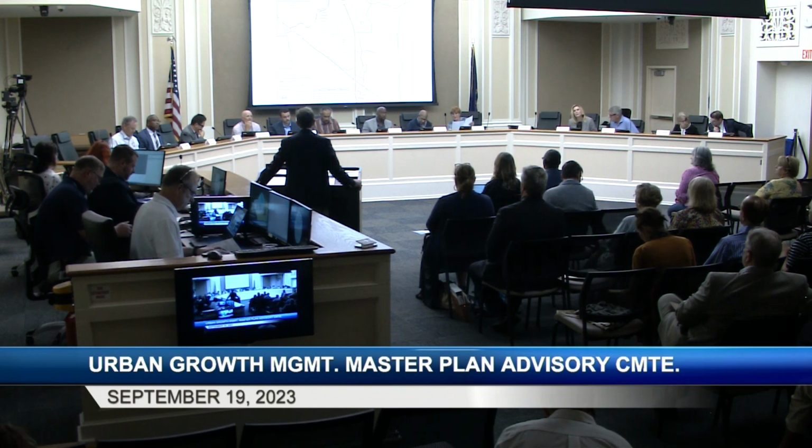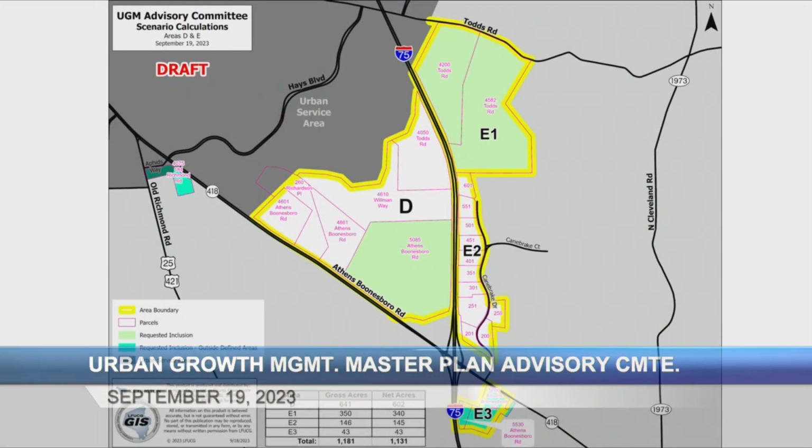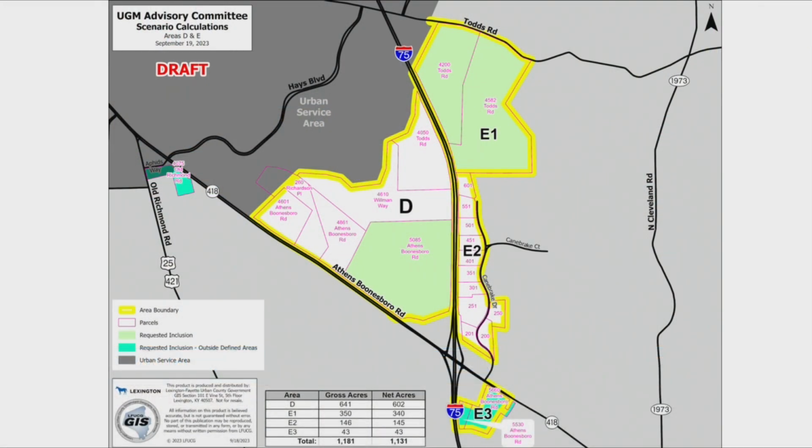That's the odd-shaped property. And then it also includes the upper 2 properties that have requested in writing to be included in the urban service area and are ready to develop.